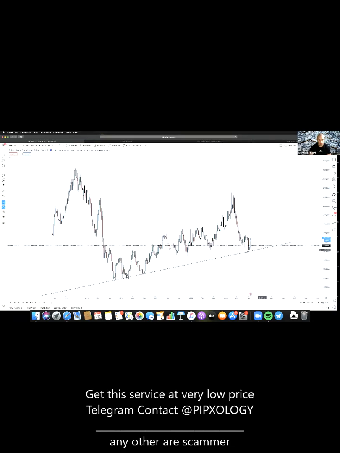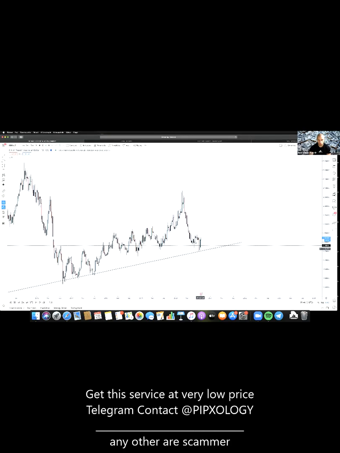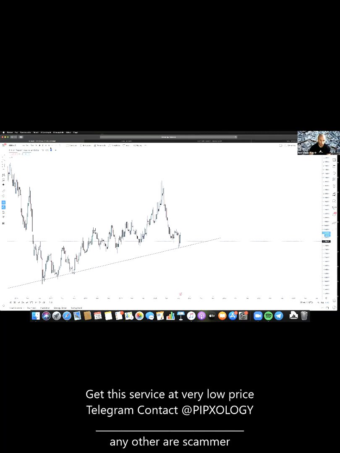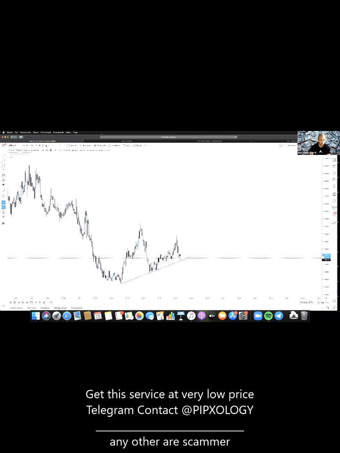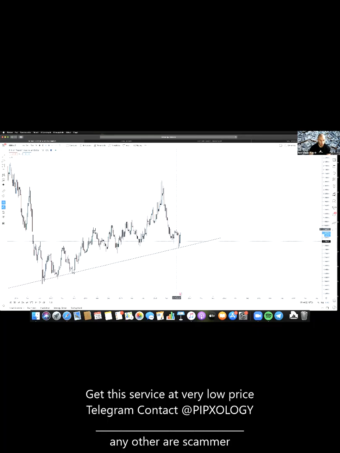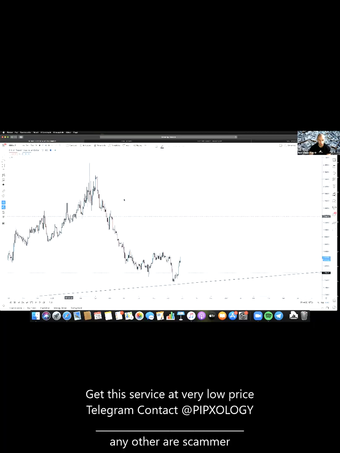GBP AUD, we can find the price top the trend line. We can find also really strong support resistance level on this point. We can trend line from the top, but it's not looking really good.